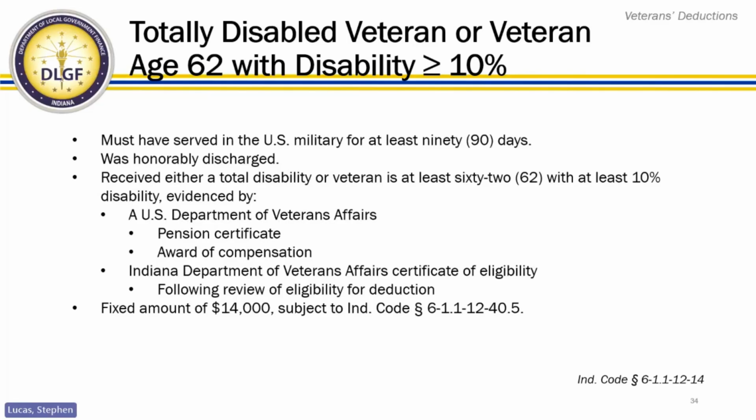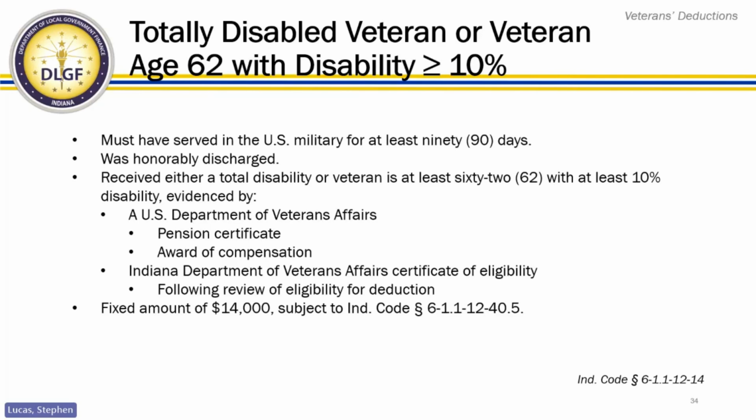For the totally disabled veterans deduction, or deduction for veterans age 62 with a disability equal to or greater than 10%, which just rolls off the tongue. To qualify for that benefit, the applicant must have served in the U.S. military for at least 90 days.